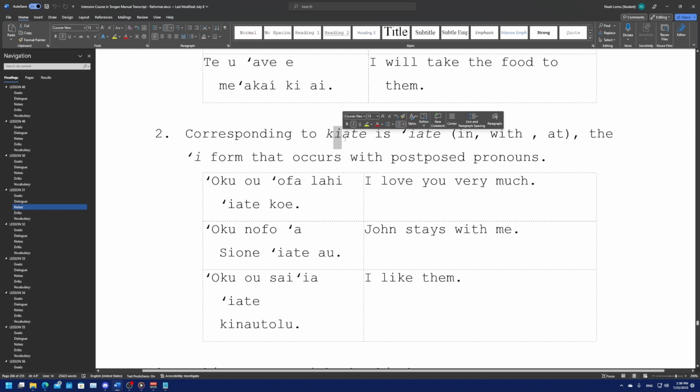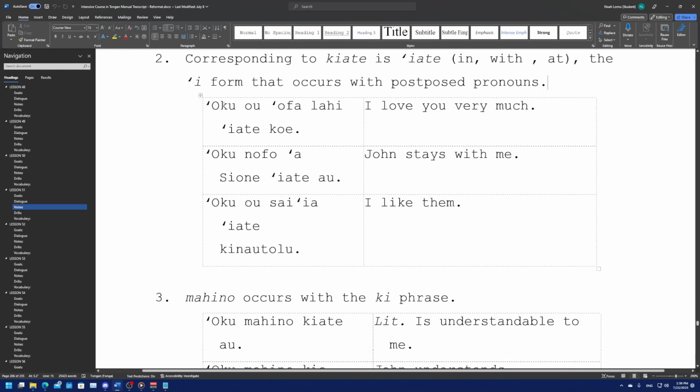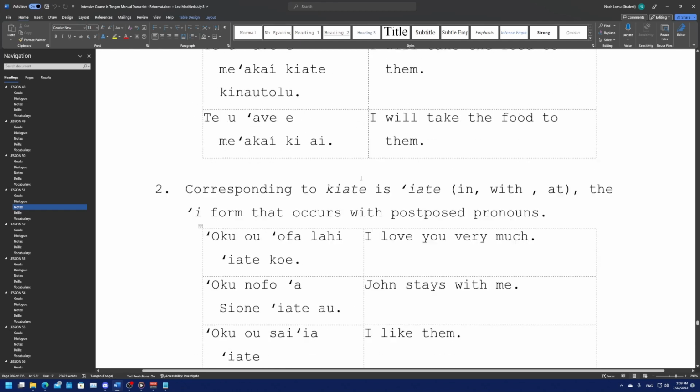If it's a person, it's ia, and if it's a pronoun, it's iate. So this is what you see here: ho'ofalahi iate koe. And you'll see this shortened to iakoe a lot, just like with kiate.